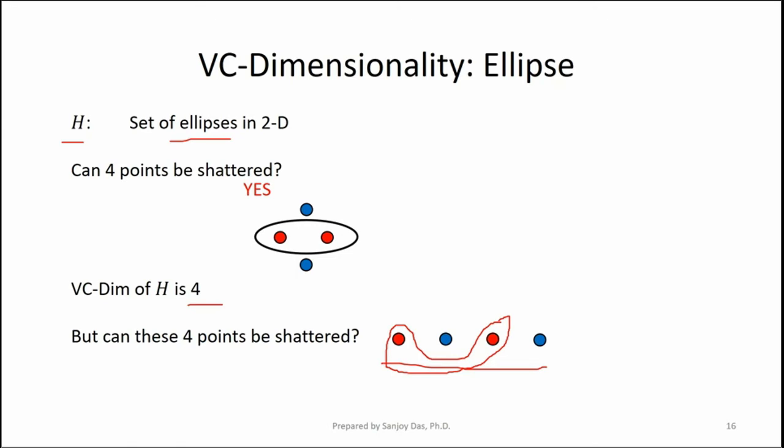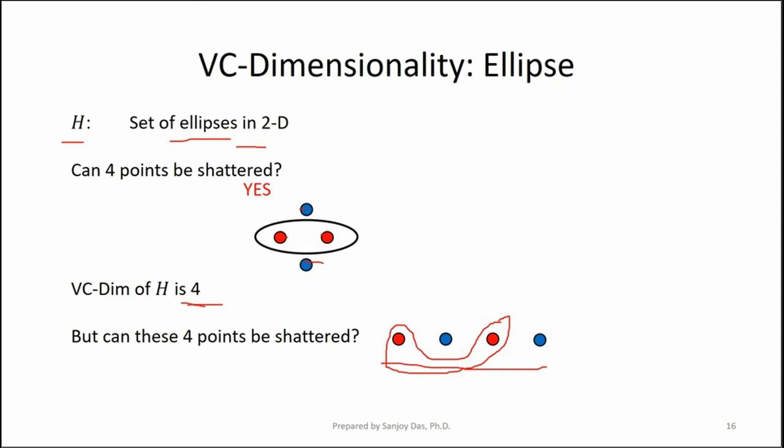However, as long as the ellipse is able to shatter any placement of 4 points, we are free to choose the placement. As long as it's able to shatter any placement of these 4 points, then the hypothesis space has a VC dimension of 4.